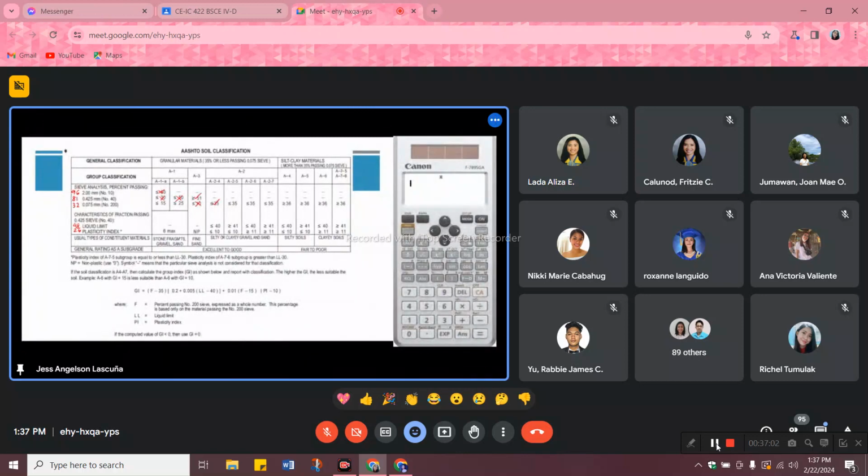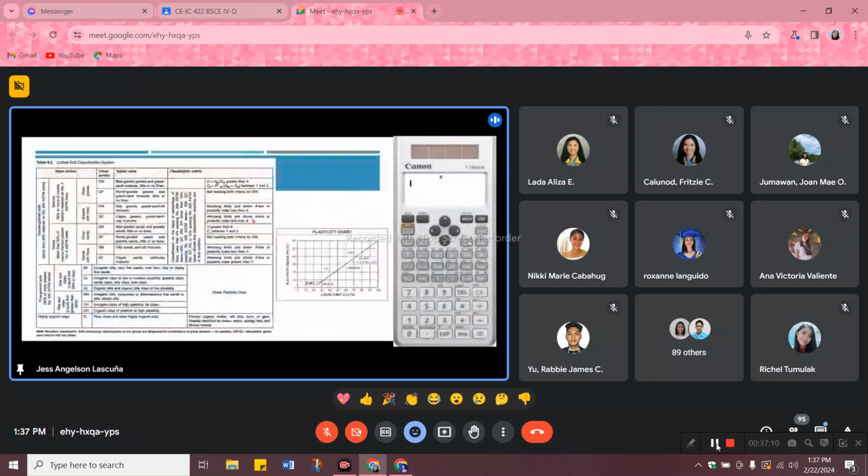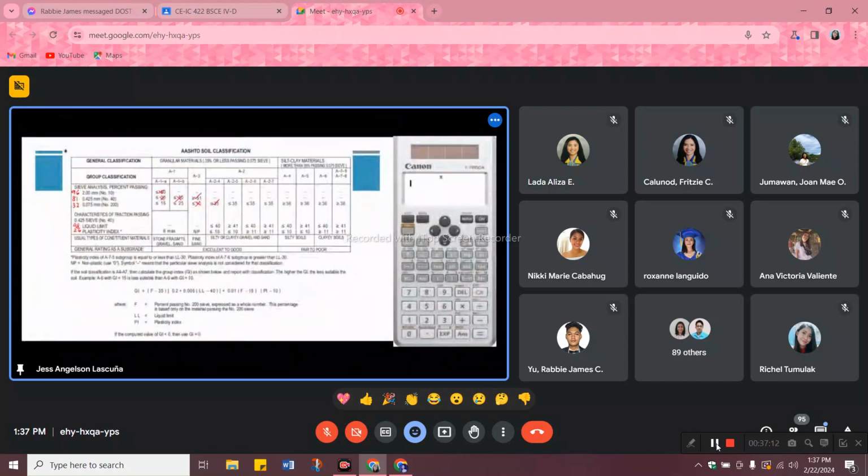We can go here too. And then our liquid limit is 48. Oh, what was given is PL. Anyway, let's proceed. The liquid limit is 48, which is not less than 41 but greater than 41.